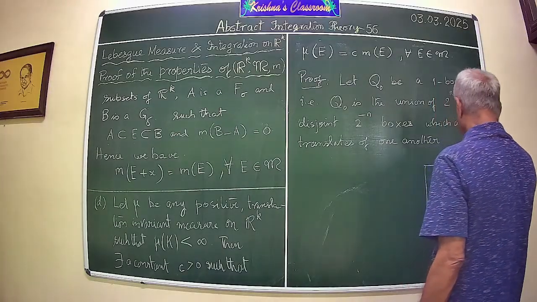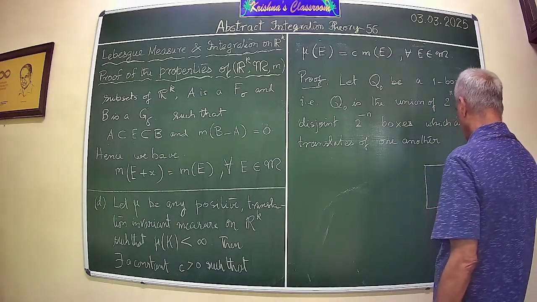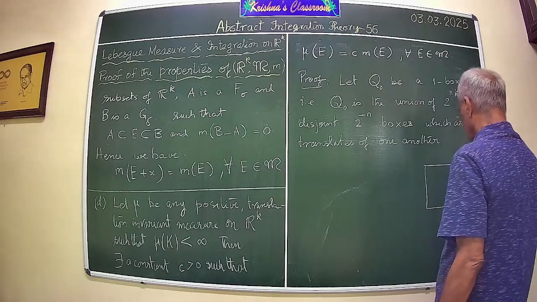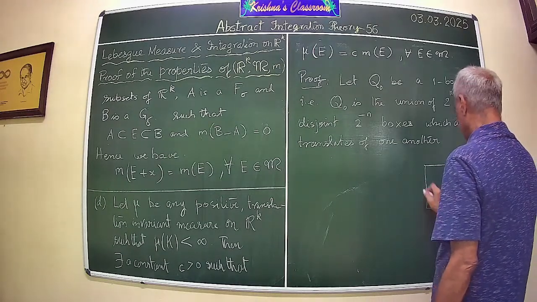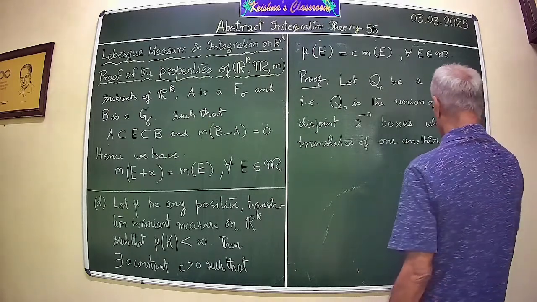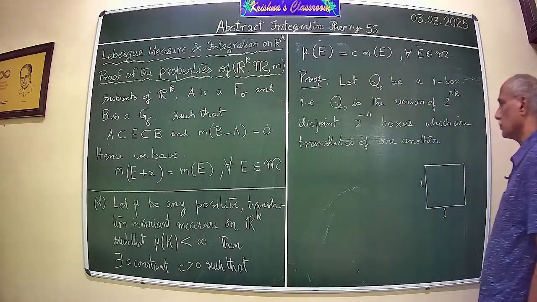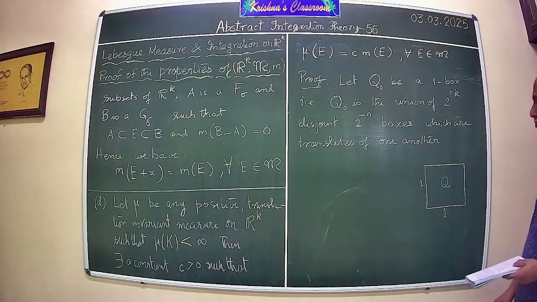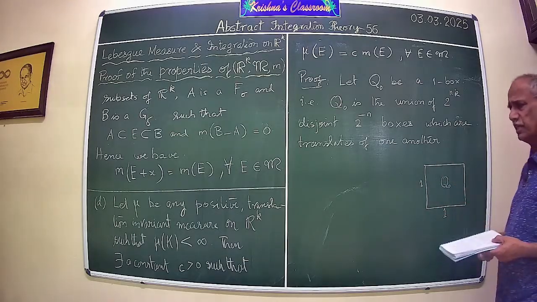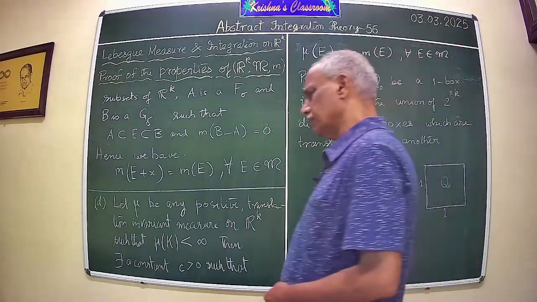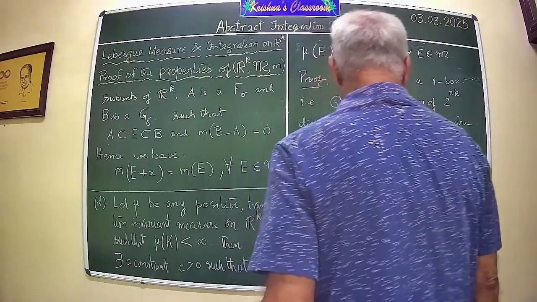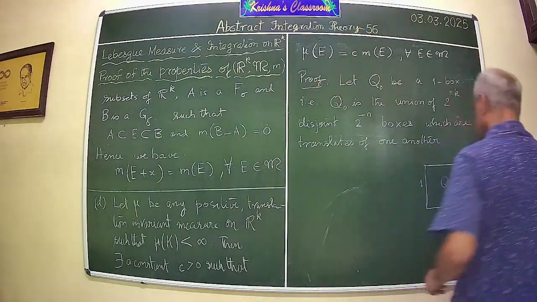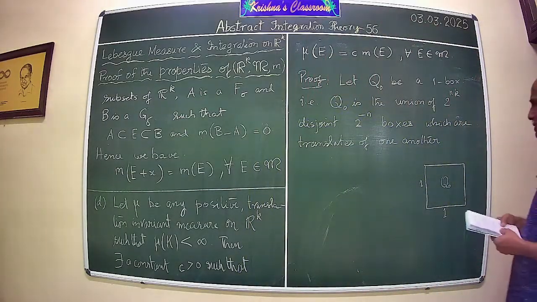this is what you have. Suppose in R^2 you have a box whose edge has length 1. Okay, call this Q naught. With of course the corners having coordinates which are integers. Now what can you say about this?